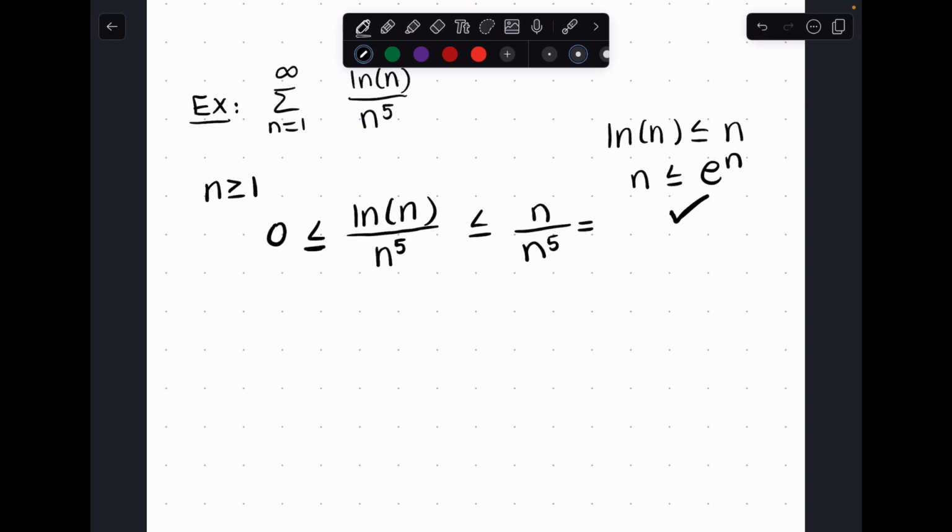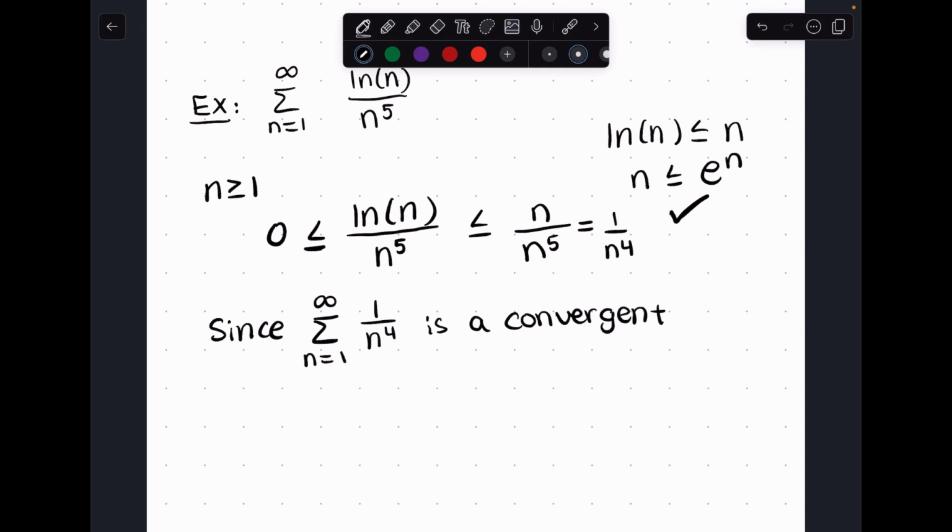So notice on the right-hand side, this is just 1 over n to the 4th, which are the terms of a convergent p-series. So once we set up this inequality, we can say since the series n equals 1 to infinity of 1 over n to the fourth is a convergent series, we can mention that it's a p-series.